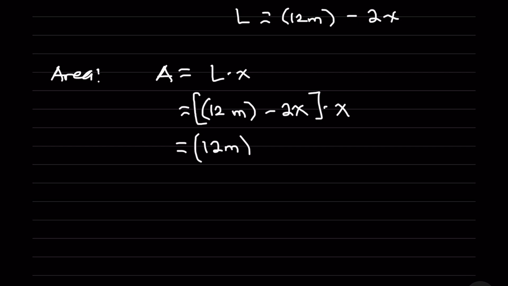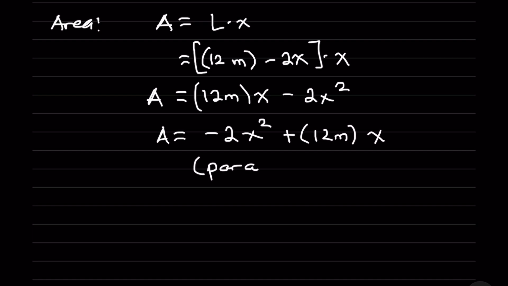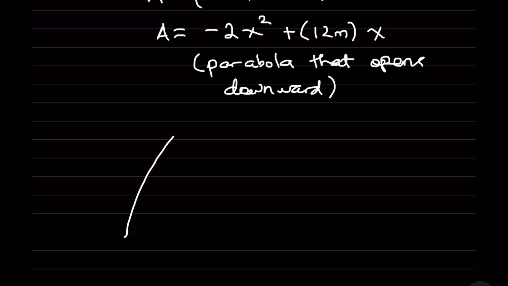So we can write this further as 12 meters times x minus 2x squared by distributing x. Now I would like to write this in the form negative 2x squared plus 12 meters times x, in order to emphasize that the equation is actually a quadratic equation.